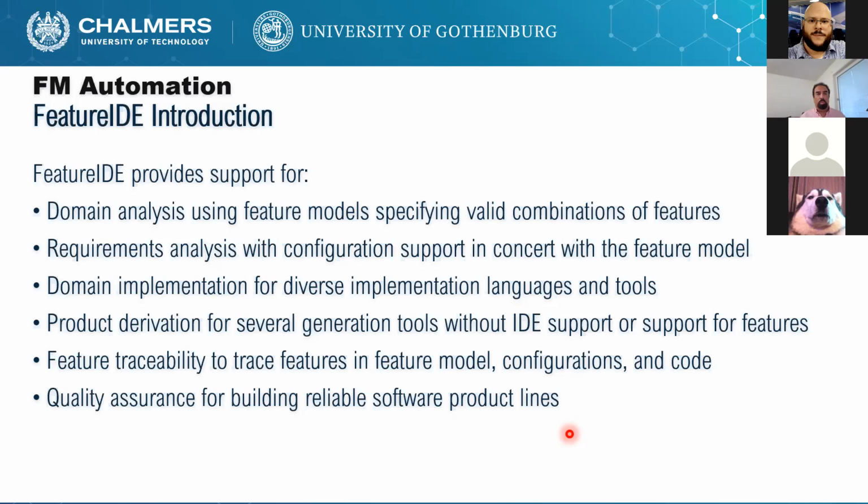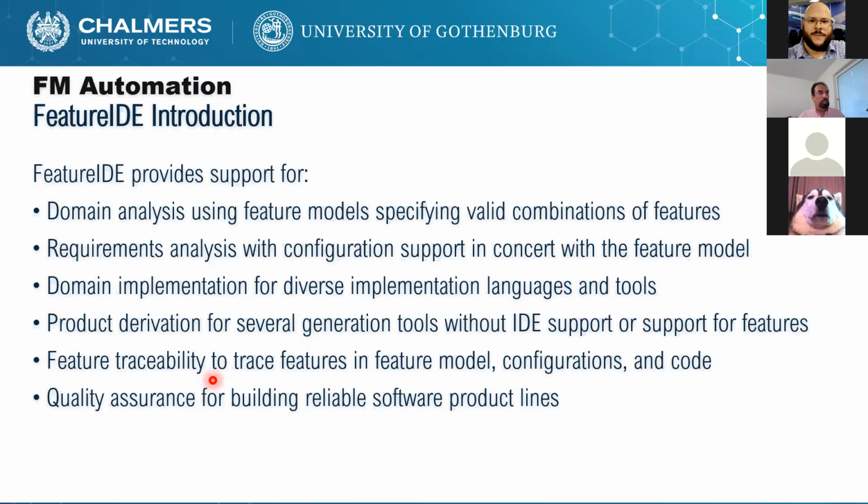And all of them, by the way, Feature ID, Pure Variants and Gears, allow you to interface with other products like Eclipse and other tools, UML tools, to develop your project, because they understand different customers have different needs for APIs.